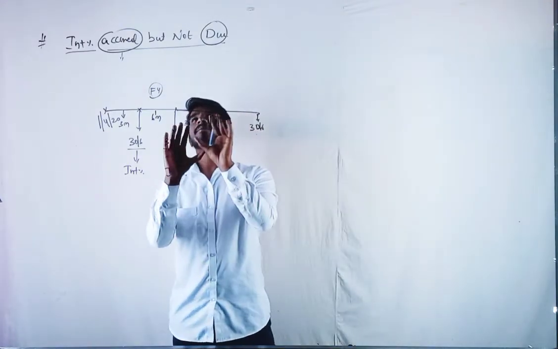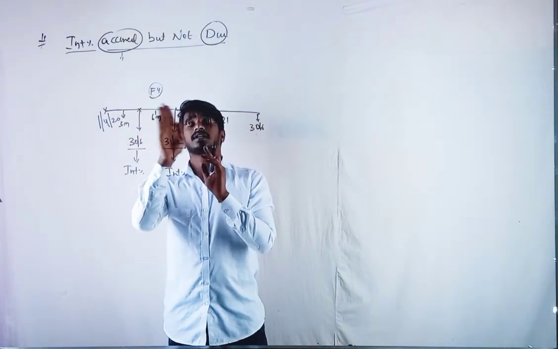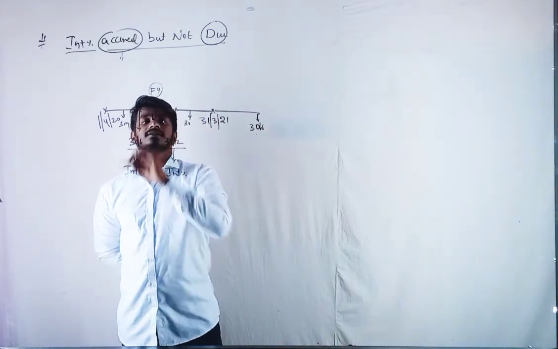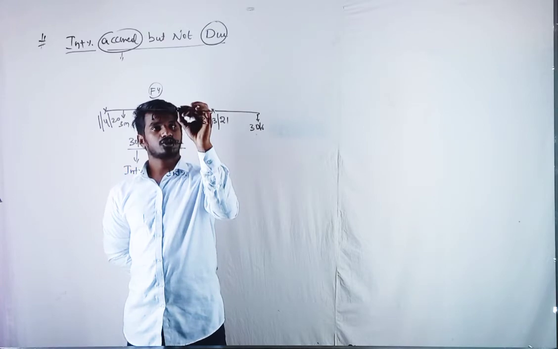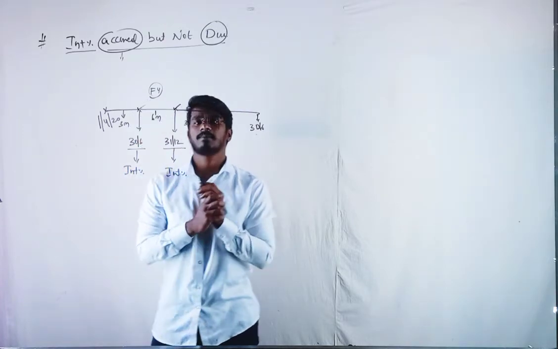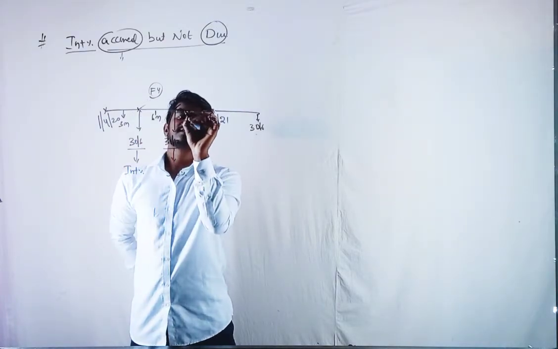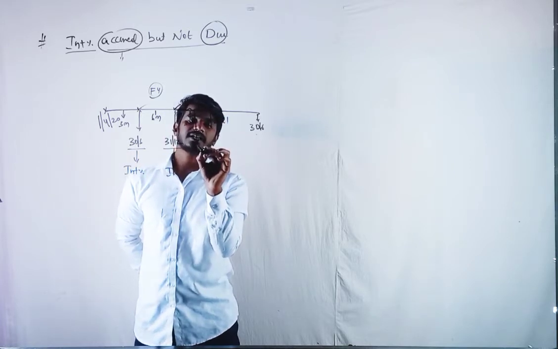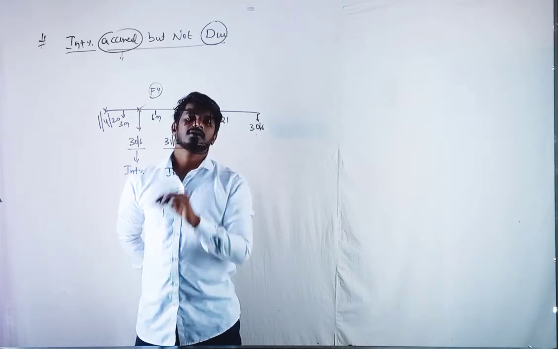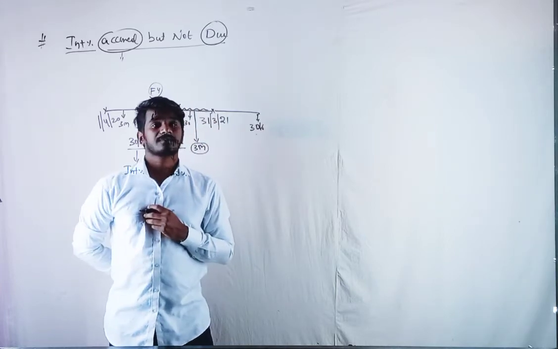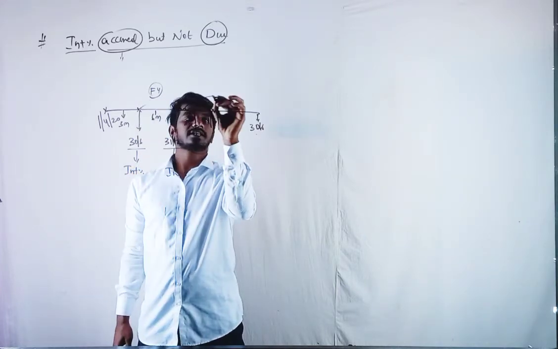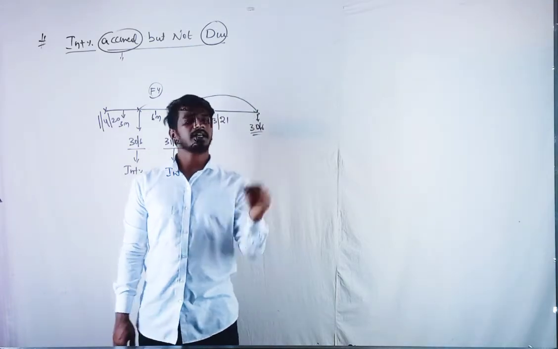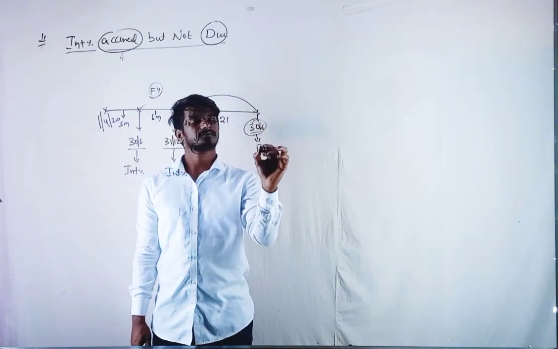So what do we mean by interest accrued but not due? We have paid interest in this period, and also in this one. But for the remaining 3 months at the year end, did we pay the interest? No. The due date is 30th June, and on that date we will pay that amount.